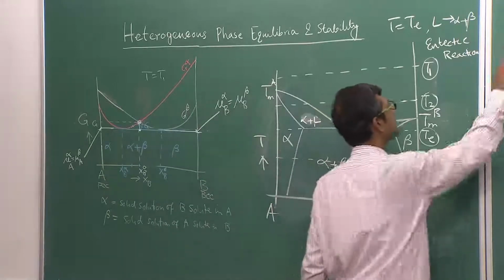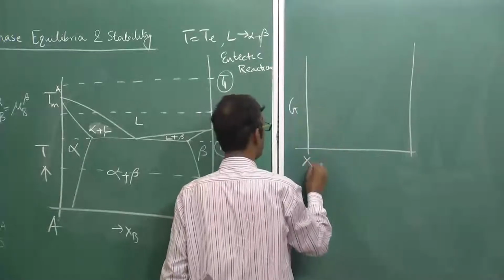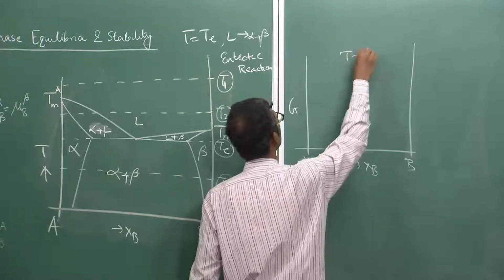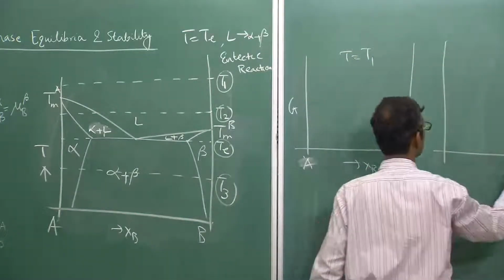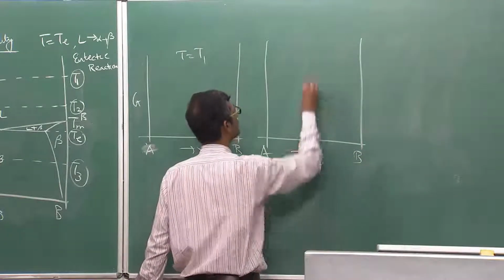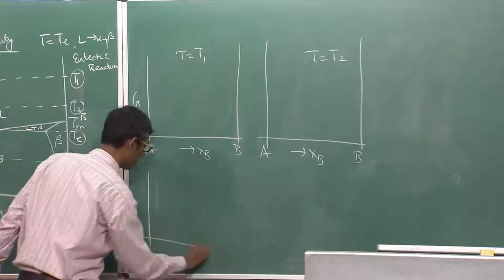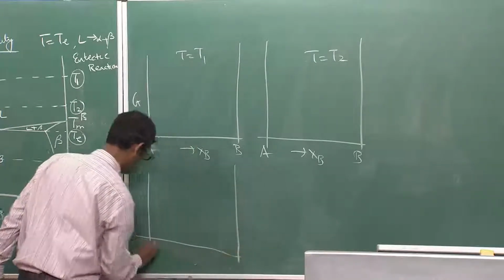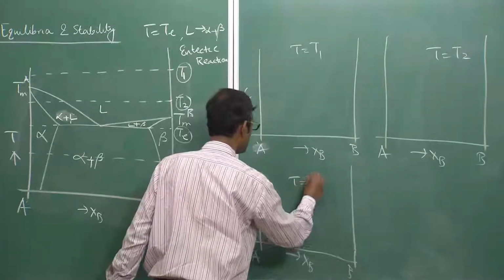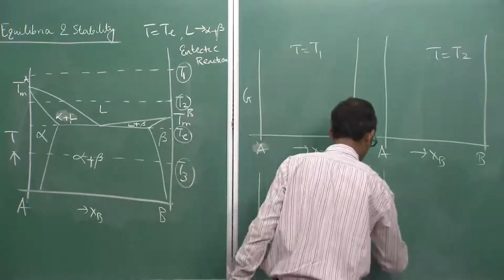So only at 4 temperatures, G versus composition at T equal to T1, T2, T3, sorry, TE, that's at TE, and at T3.